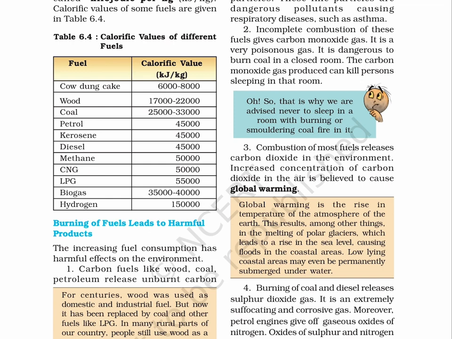Petrol 45,000. Kerosene 45,000. Diesel 45,000. Methane 50,000. CNG 50,000. LPG 50,000. Biogas 35,000 to 40,000. Hydrogen 1,50,000.